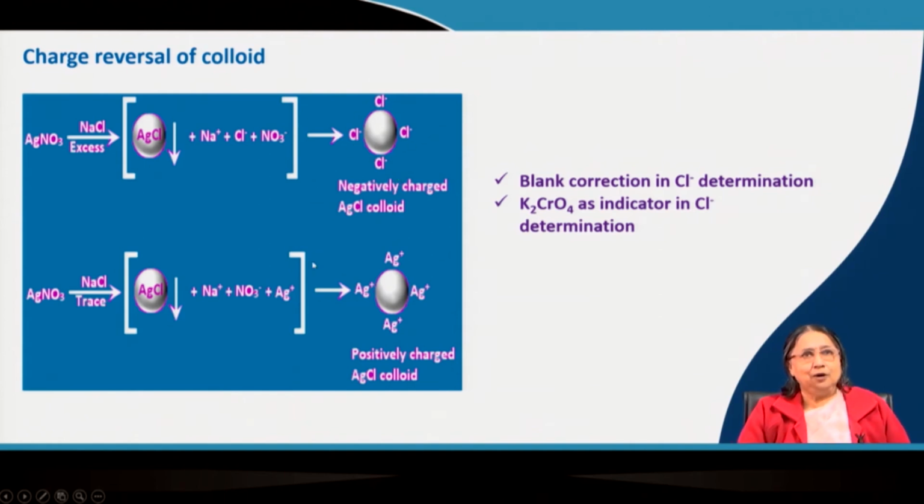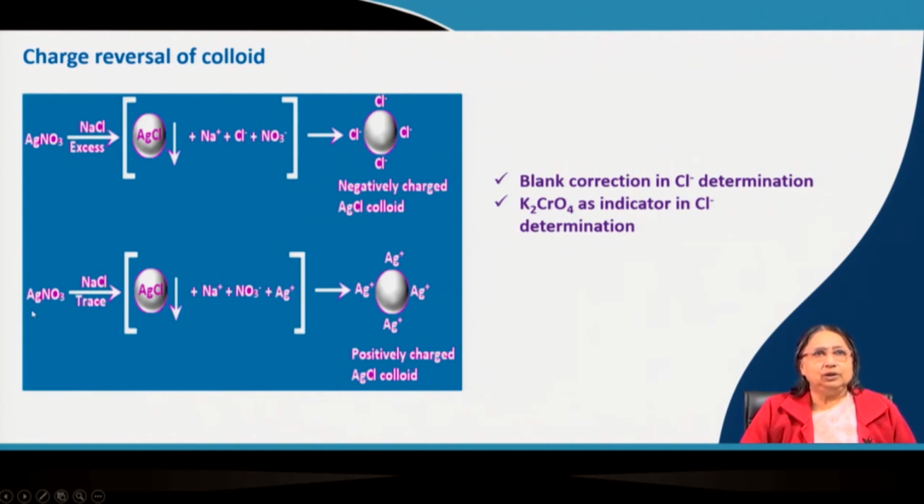Now, just do the reverse thing. You take silver nitrate in a solution and then add sodium chloride in trace amount, a small amount. Still you will get silver chloride as the precipitate, but here you have added only a trace of NaCl.